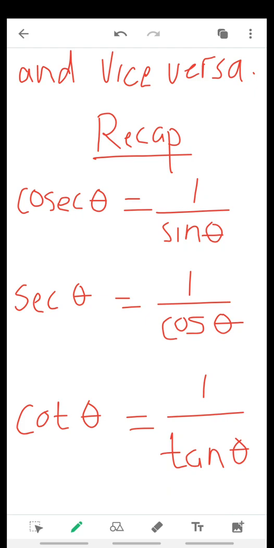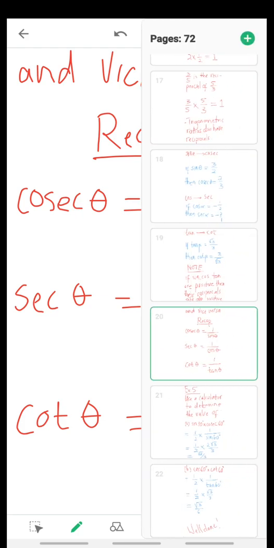And the opposite is also true. Sine theta will be equal to 1 over cosec theta. Cos theta will be equal to 1 over sec theta. And tan theta will be equal to 1 over cot theta. These are your reciprocals. Very, very important.